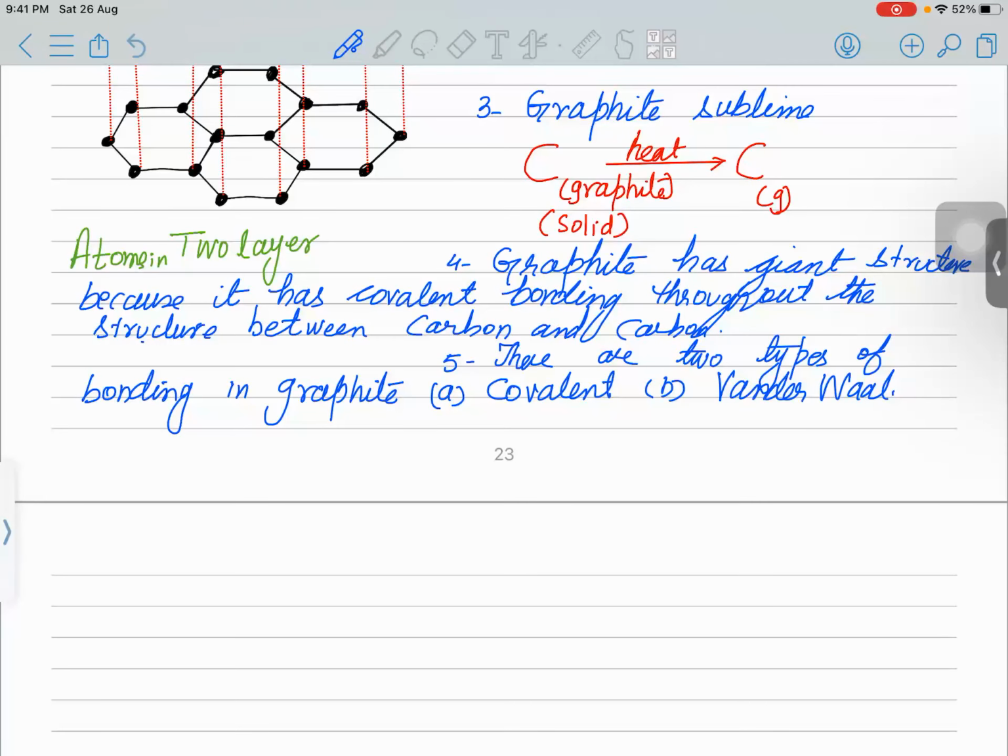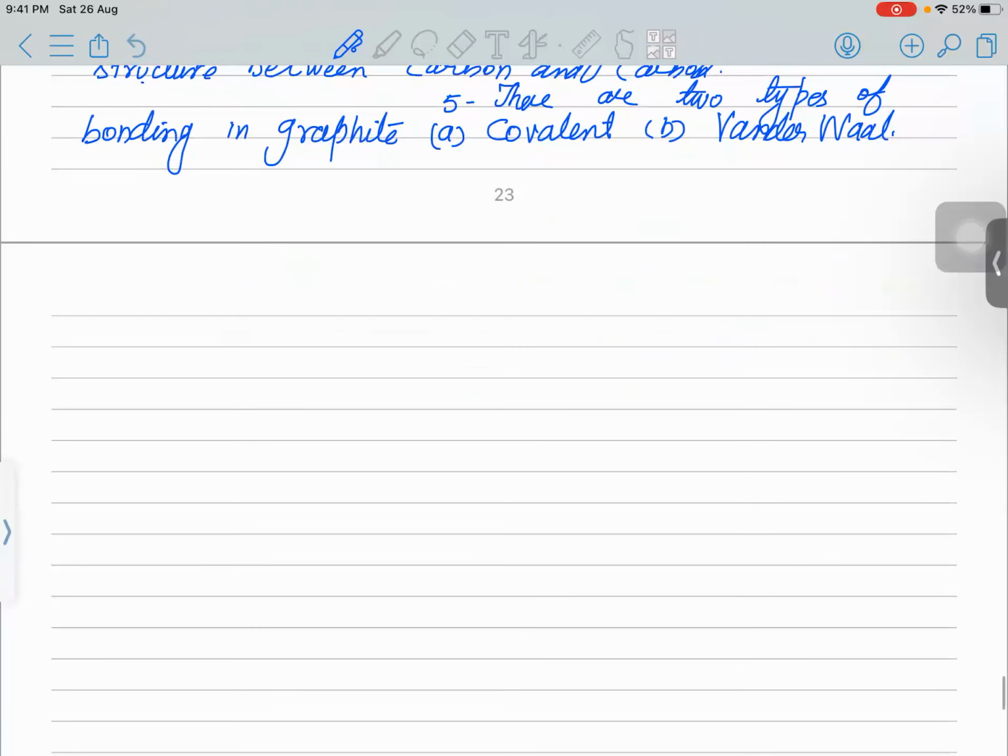Weak van der Waal, between carbon and carbon. Sir, what's the spelling of the second type of bonding? Van der Waal, V-A-N-D-E-R-W-A-A-L.